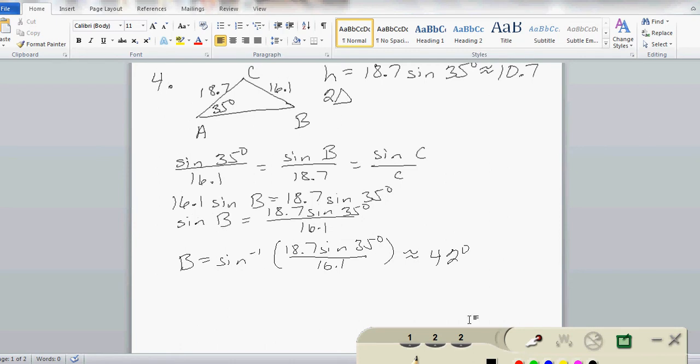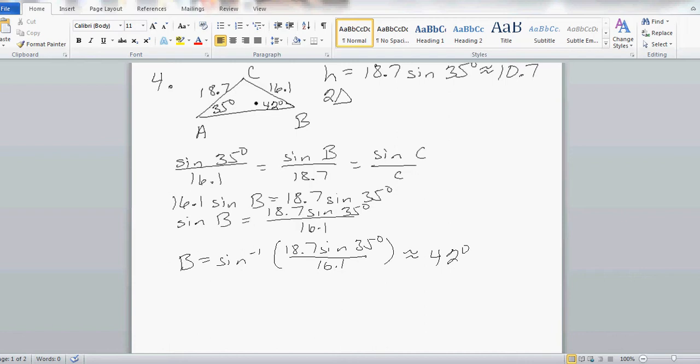So now we can put 42 degrees here. It should be rather obvious that C is easily calculated as 180 minus the sum of the other two. Minus 77, which equals, let's see, 103 degrees.